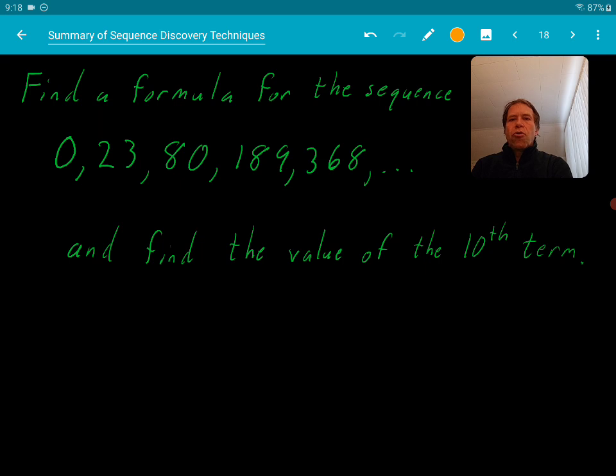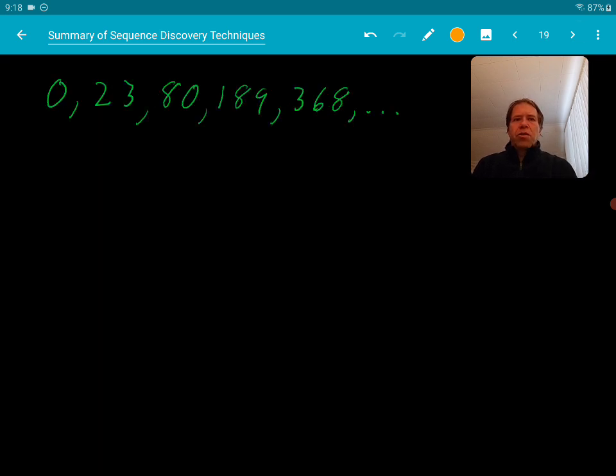I actually encourage everyone to pause the video right now and try to work out the problem on your own. I'd recommend starting with something like this, take consecutive differences, and see if you can continue working that out until you have the sequence.